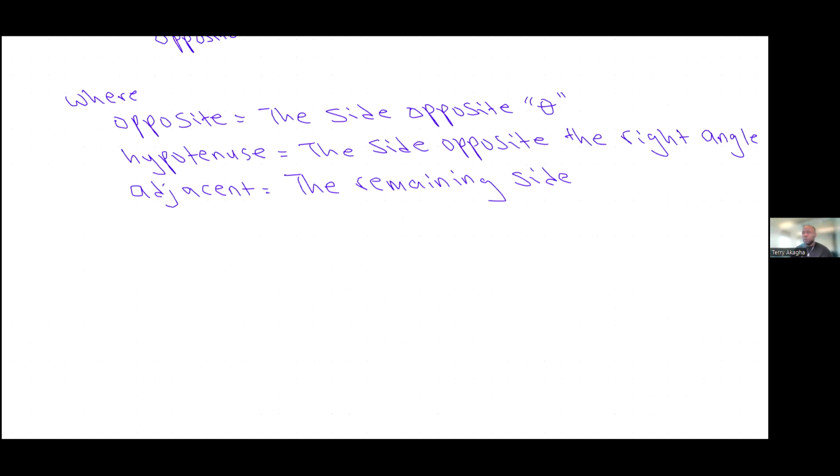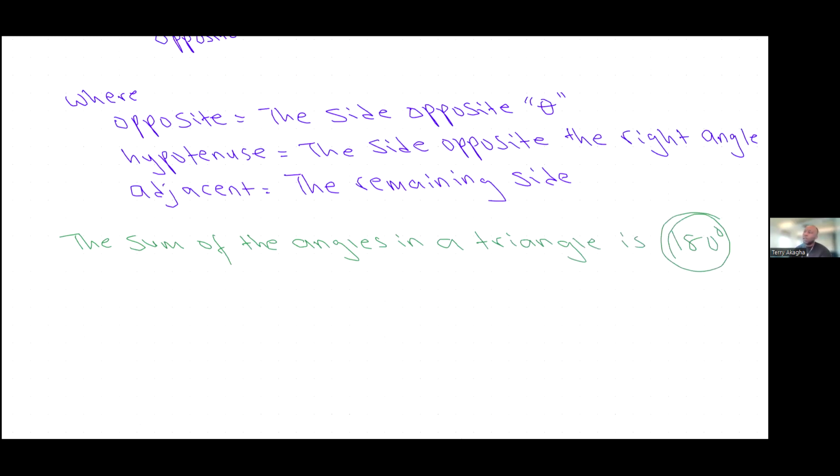We know already from the previous videos that the sum of the angles in a triangle is 180 degrees, okay? So the sum of the angles in a triangle is 180.